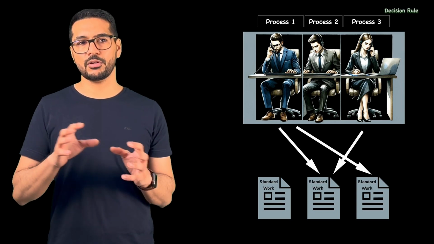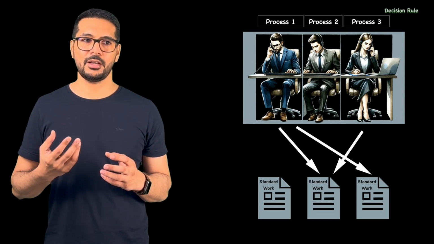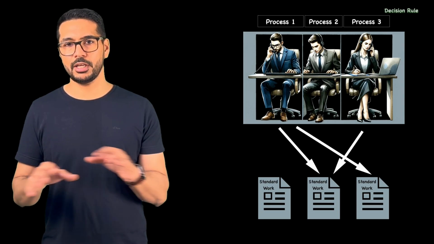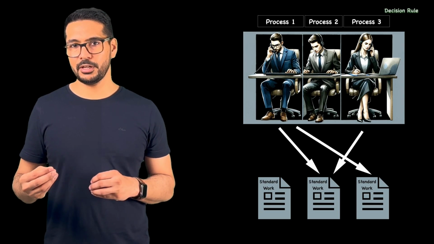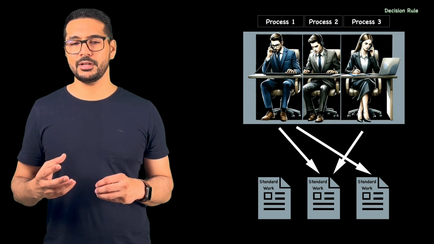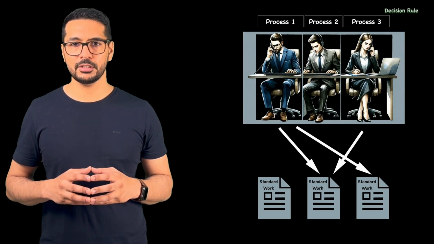These cross-functional trainings are very effective, and the time required for such training can be reduced by 75% by having documentation like standard work. So these are the two main aspects to take care of while using decision rules.